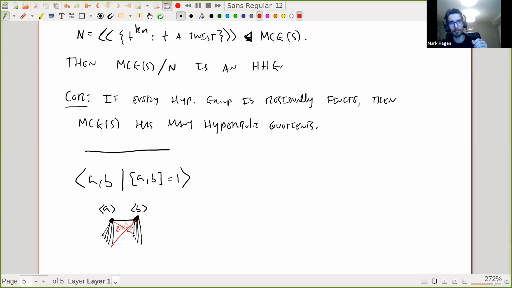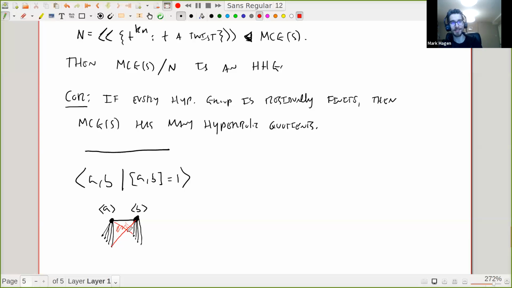But I think you can blow up the curve graph in this way by replacing each vertex with something that's coarsely a copy of Z, and do this sort of blow up and join construction and verify it there. So there's not a well-articulated theory of this blow up and join construction yet, but it seems to work for different examples, and I think it's the thing that should be used in tandem with the theorem.